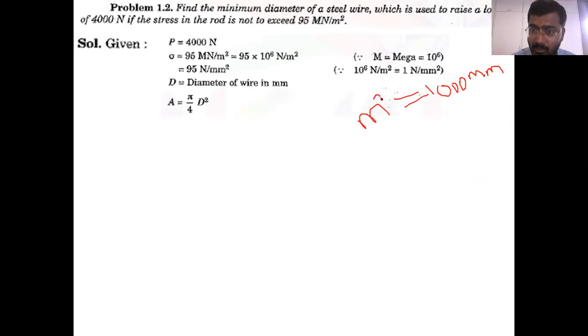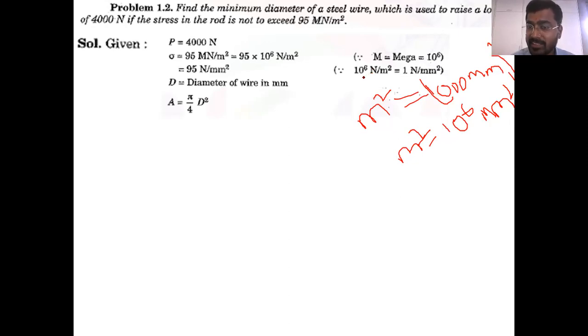Here it is a square, since we have meter square, so here also I have to make this into a square. If you make it into a square, I'll be getting 10 to the power 6 mm square. So this meter square is equal to 10 to the power 6 mm square.